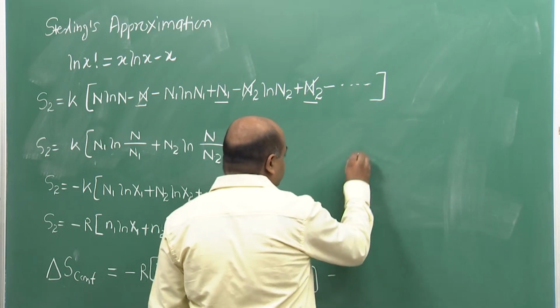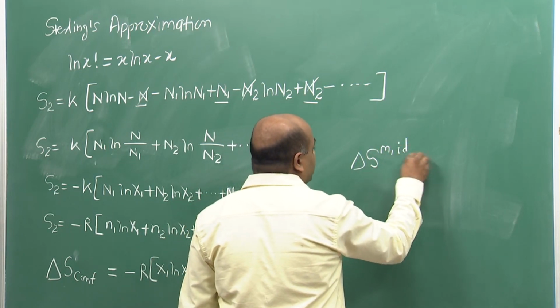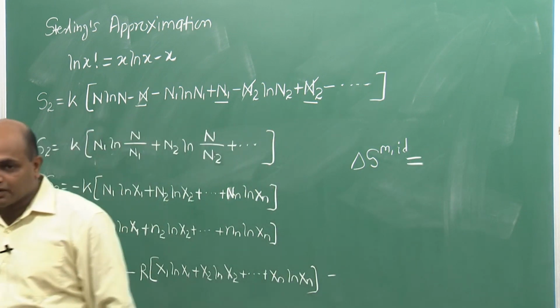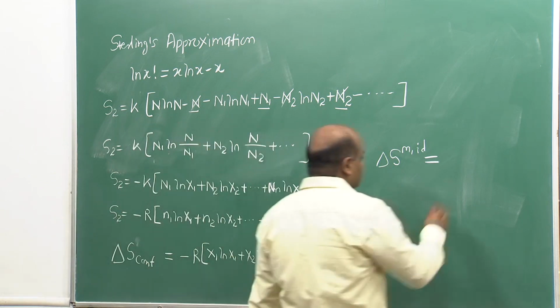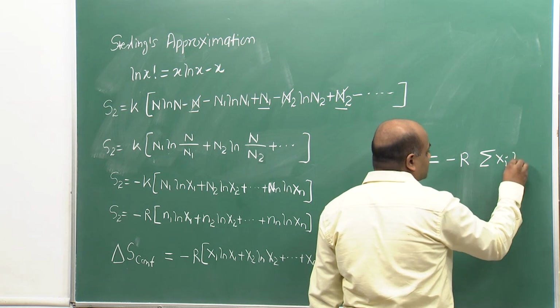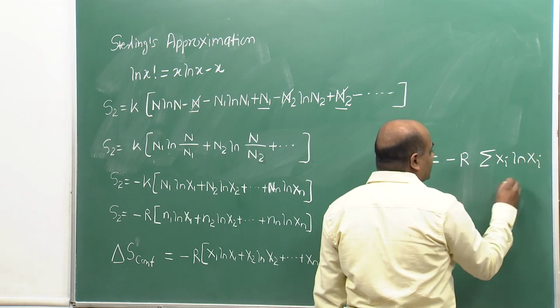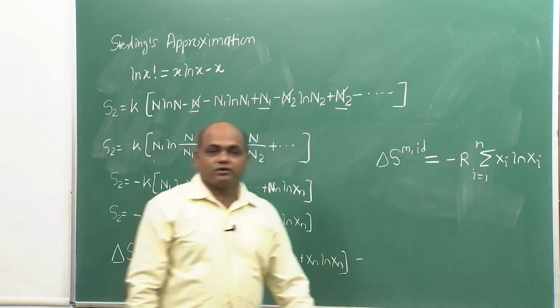So, basically delta S mixing for ideal solution, which is all because of the change in configurational entropy, should be equal to minus R sigma xi ln xi, i equal to 1 to n.